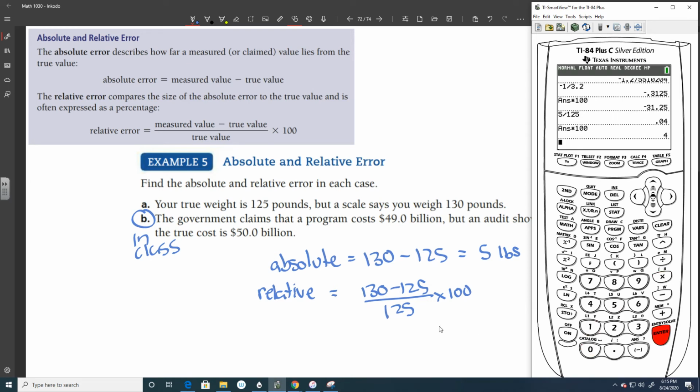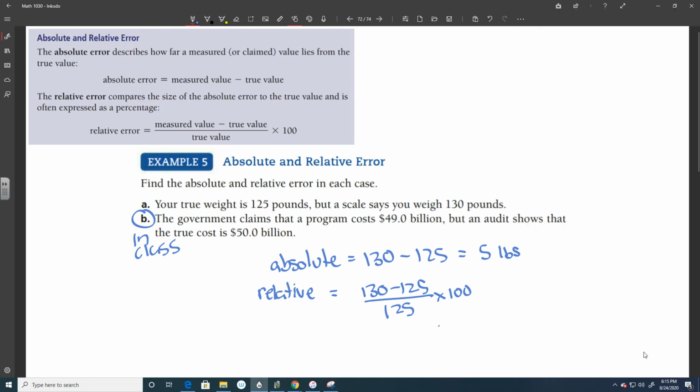That's going to tell me my relative error. So that error relative to my size is, listen to me talking like I weigh 130 pounds, a 4% error. So that 5 pounds represents about 4% relative to the size of the object.